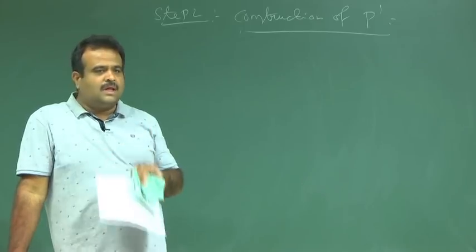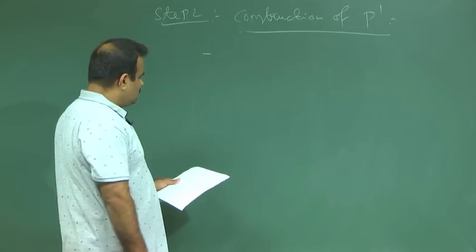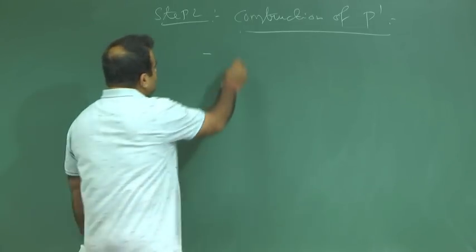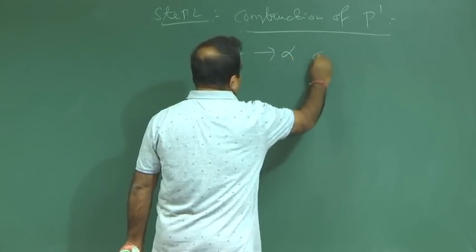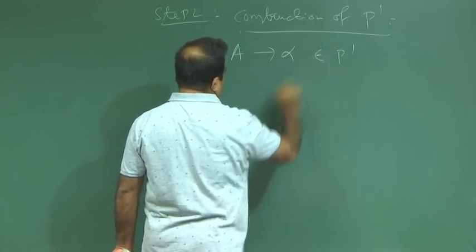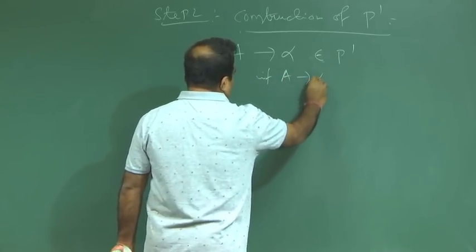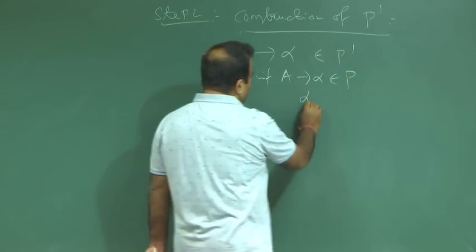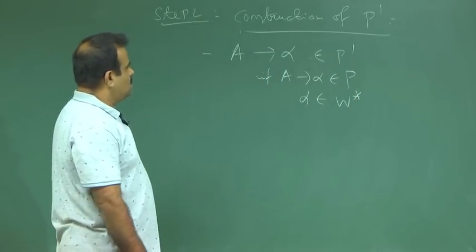Now, first of all we take all the productions whose right hand side does not contain any nullable variable. We take those in P prime, where the production is in P, and alpha does not belong to W star.